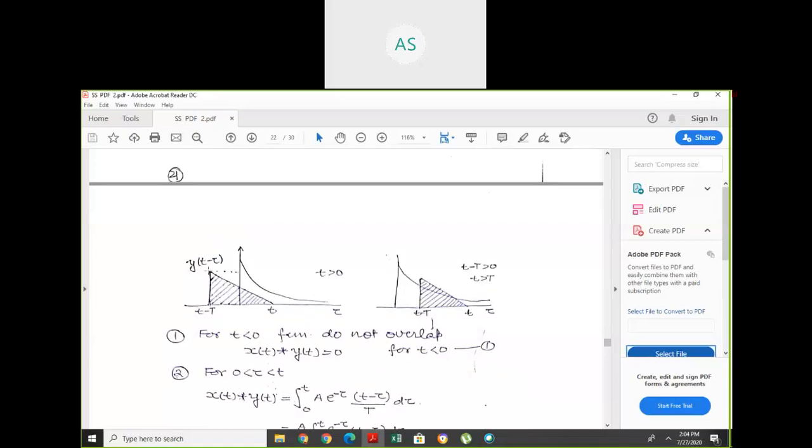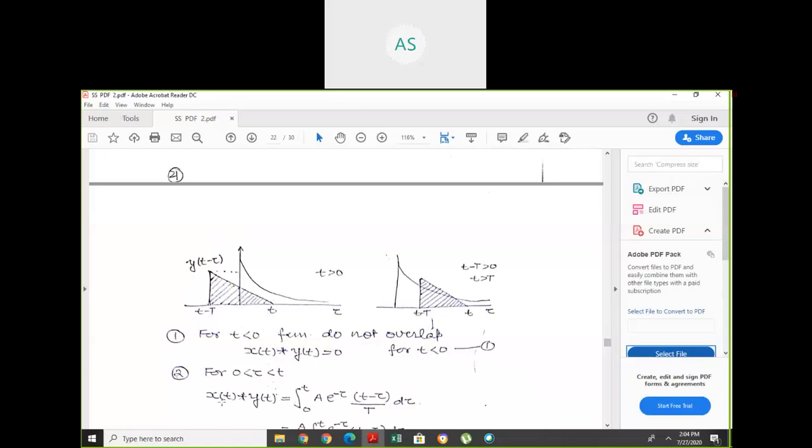Then this signal is shifted towards the right, and when tau is less than t but greater than 0, we get some overlapping area.